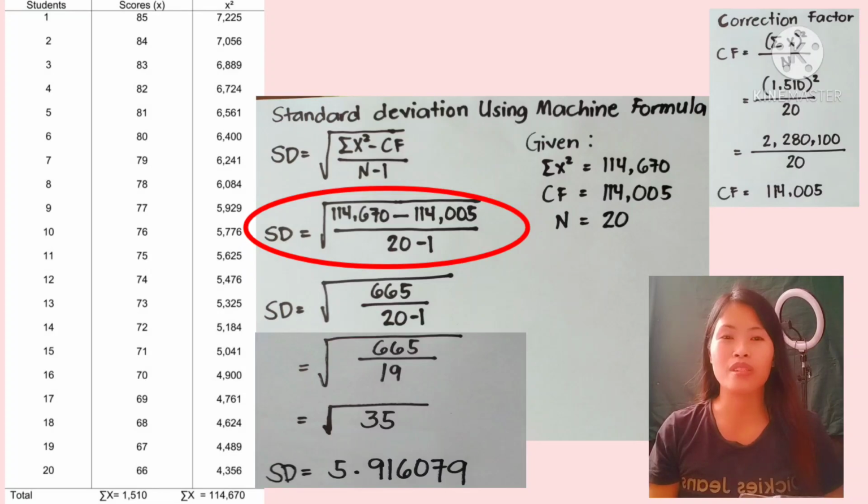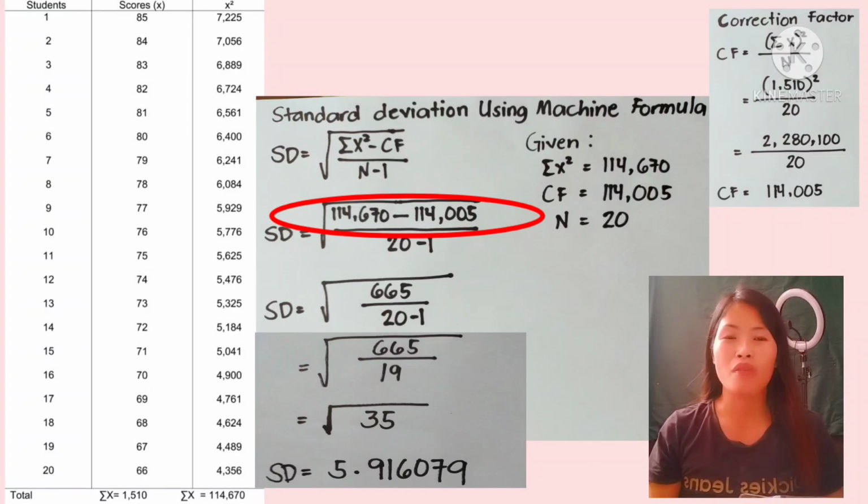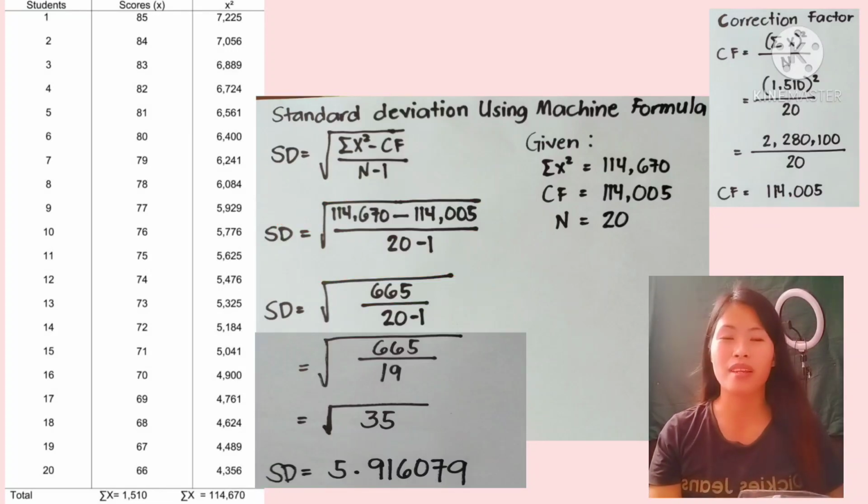The first thing we need to solve is the difference between the summation of x squared and the correction factor. 114,670 minus 114,005 is equal to 665.